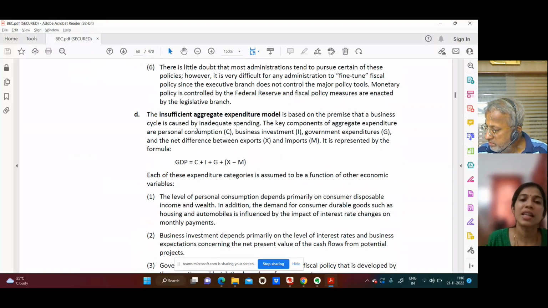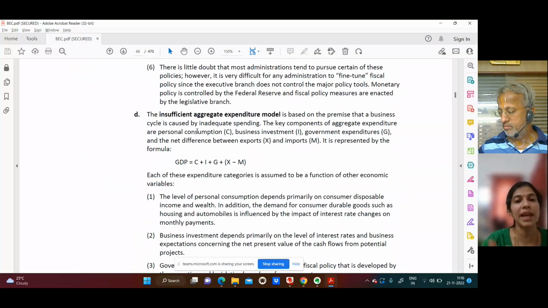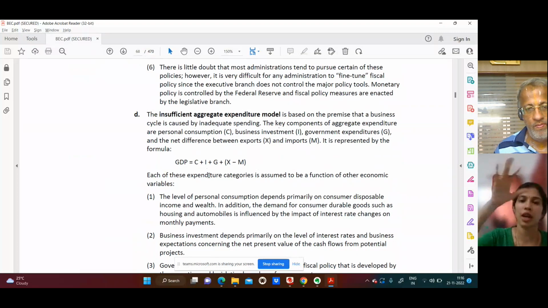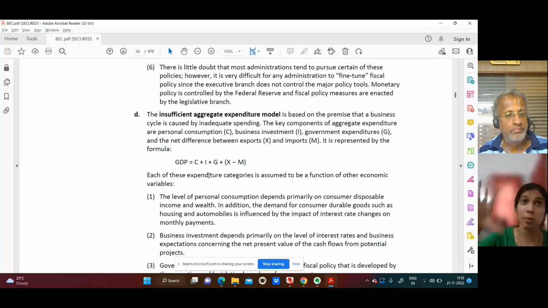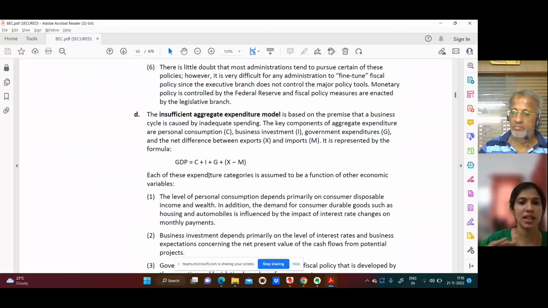Here they say that there are different phases of a business cycle because of the way in which expenditure is being incurred in the economy as a whole, or GDP as a whole. How is it being measured? Basically it is the same as how the GDP is getting measured. If this is going to be less, then the phase of the business cycle, the economy as a whole, is not so great. If it is really high, then the phase of the business cycle is high. It's in the expansion mode, right?